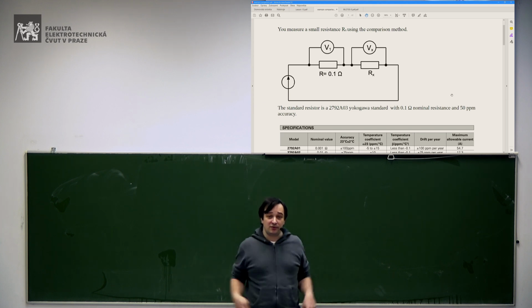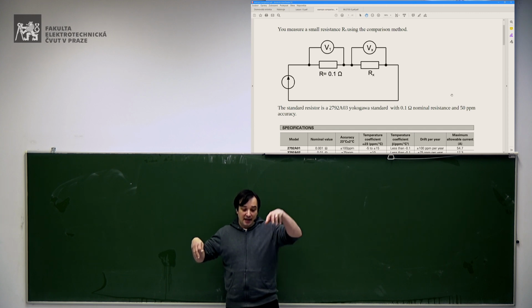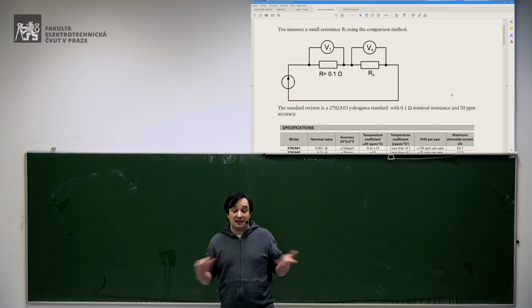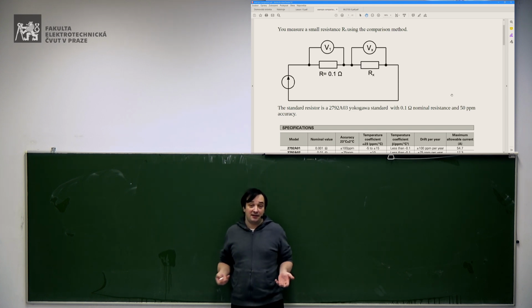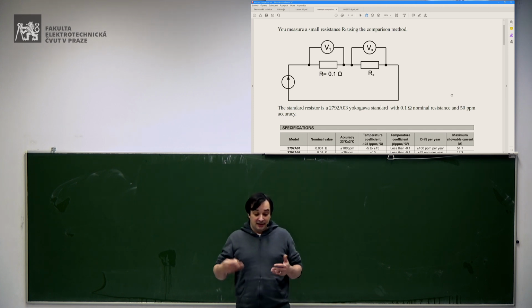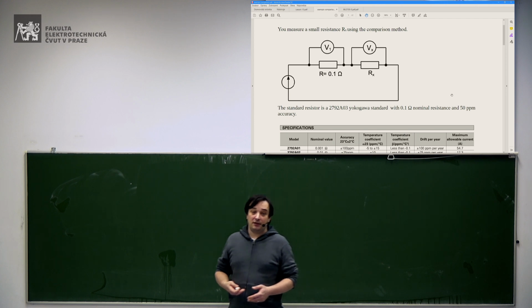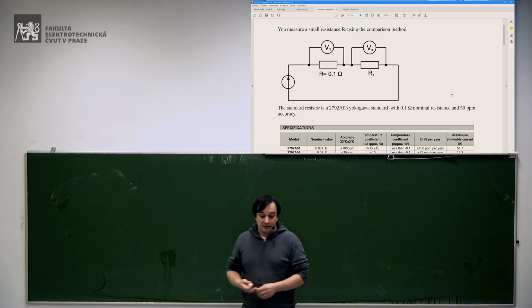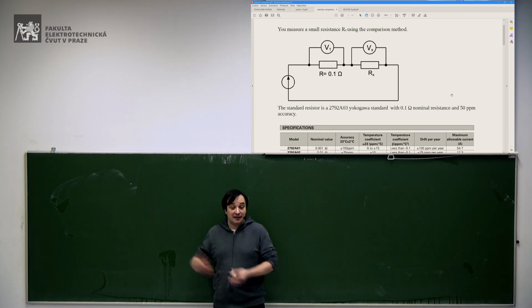And measure the voltage drop on both the resistance that we want to measure, Rx, and the resistance of the standard, and then compare. They will have the same current because they are in series. So the resistance that we want to measure is proportional to the voltage on that resistor, Vx, divided by the voltage on the standard, times the standard.